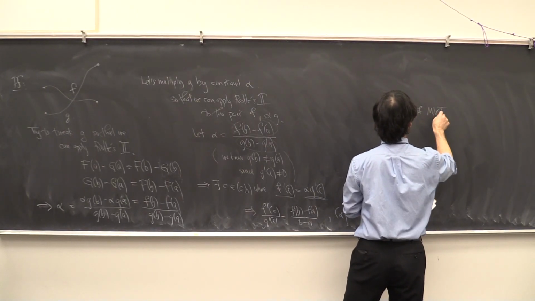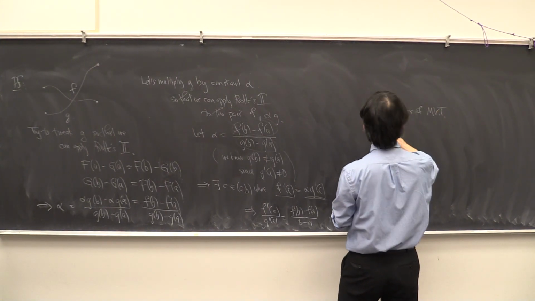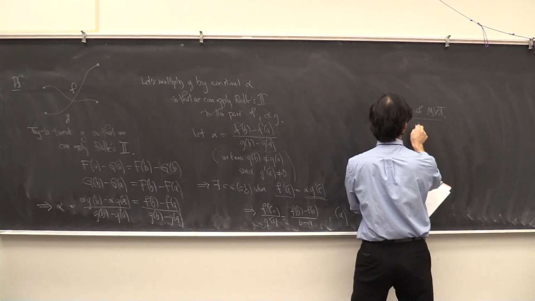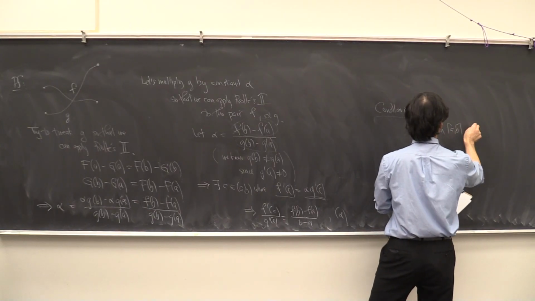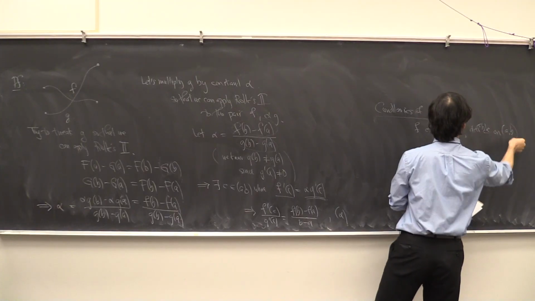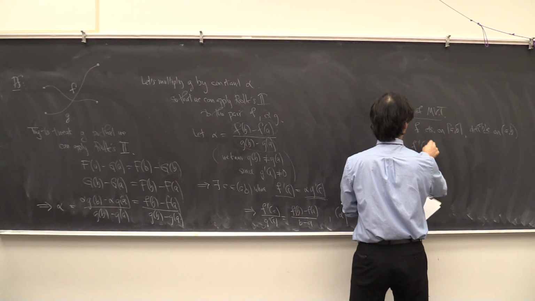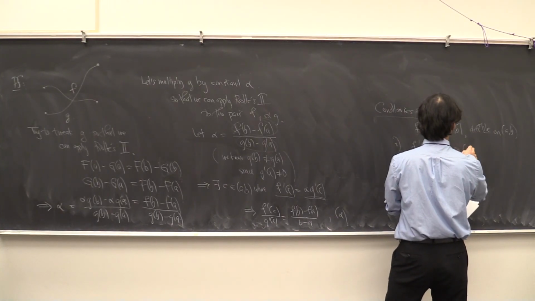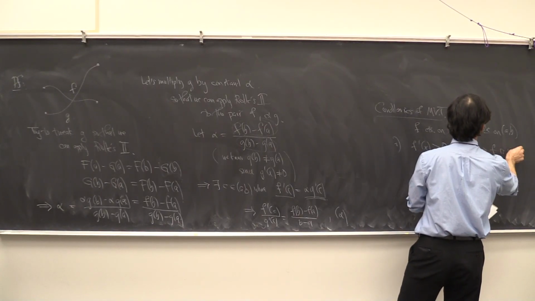Corollaries of the mean value theorem. I could have done this after the mean value theorem. So if you have f continuous on [a,b] and differentiable on the interior, then you guys know this, right? If f prime is bigger than 0 on (a,b), then the function is increasing.